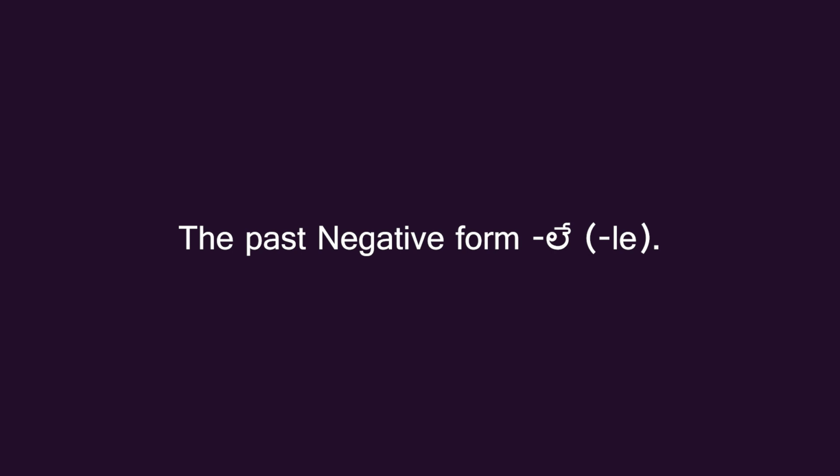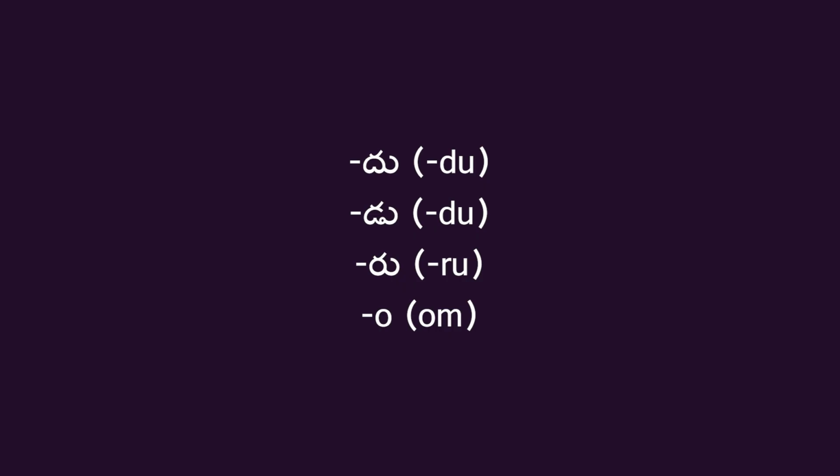The first negative form suffix is le. Here the personal suffix forms are going to be added to this first negative suffix, such as du, do, ru.